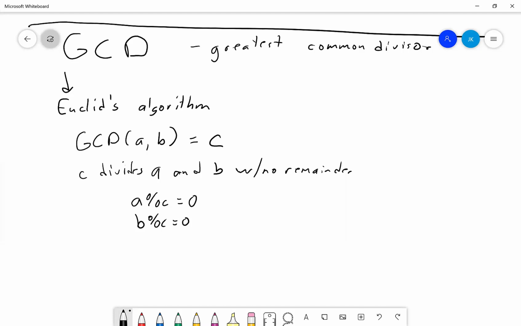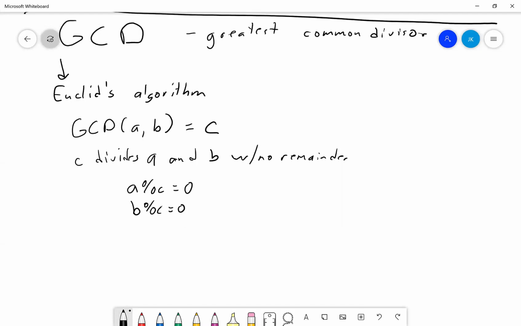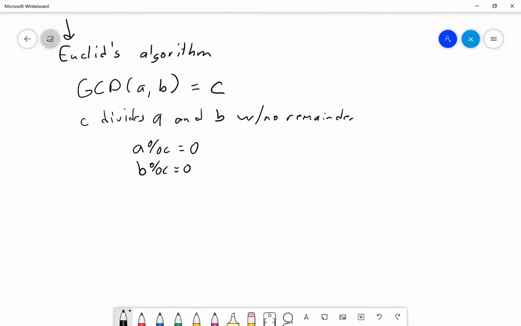Okay, so the way Euclid's algorithm works is we're going to just assume that A is greater than B. That's just a base assumption that we have. And then we will perform one of two operations. If B is equal to 0, then we just return A. In other words, if we have to find the GCD of a number and 0, it's just that number, by definition.